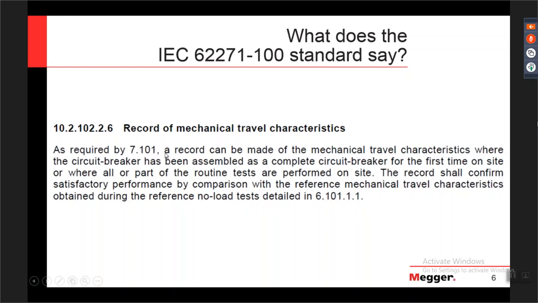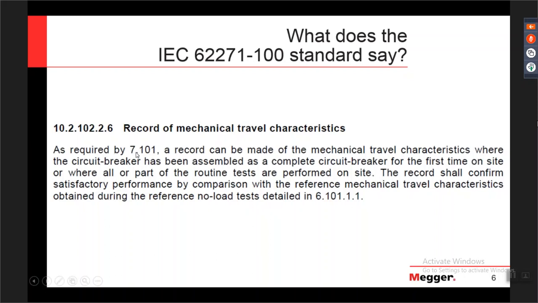Motion is not mandatory in the standard, but I think for type test it's mandatory to make some kind of reference graph that the manufacturer has in the procedure to do the final test of breakers. So they have a reference graph that they compare with.